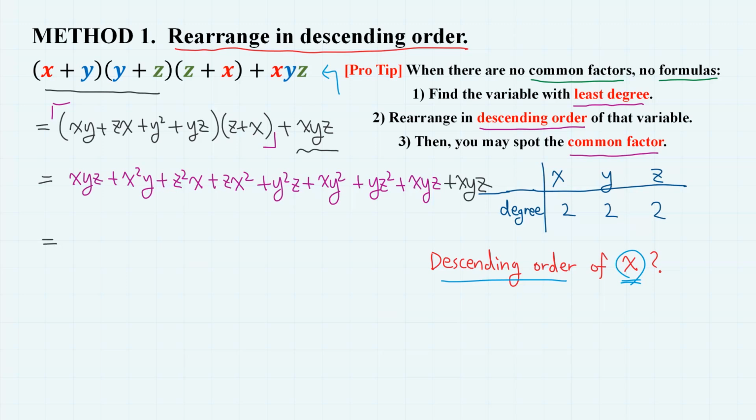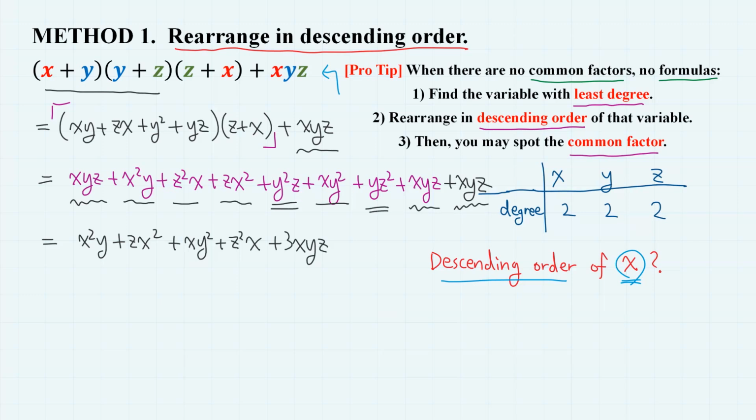Therefore, for x² terms, we have x²y + zx², and for x terms, we have xy² + z²x, then xyz + xyz + xyz, so 3xyz. Then we have remaining terms y²z + yz².